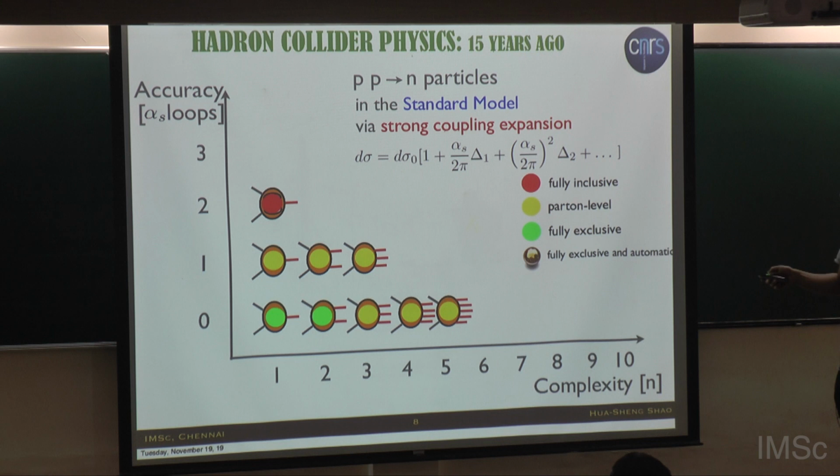So let me explain the notions I mean. Previously, you see that even for a 2-to-1 process like Higgs production, it was only fully inclusive. There were no differential distributions 15 years ago, and next to leading order was only parton level. There were no fully exclusive predictions, and at leading order, of course, you have fully exclusive predictions, but it seems very restricted.